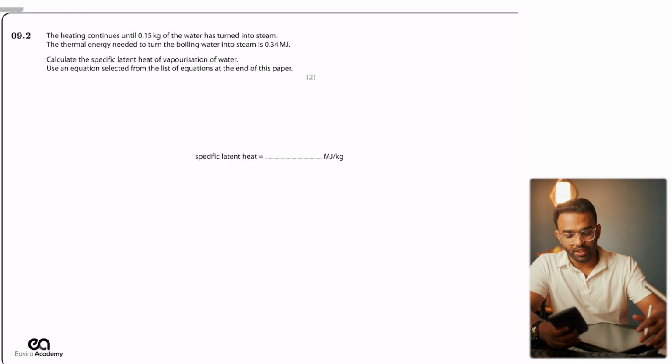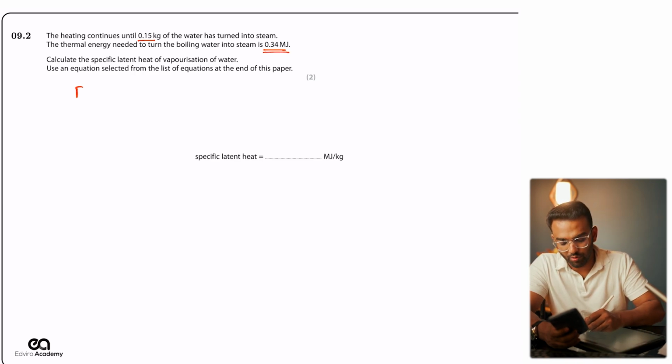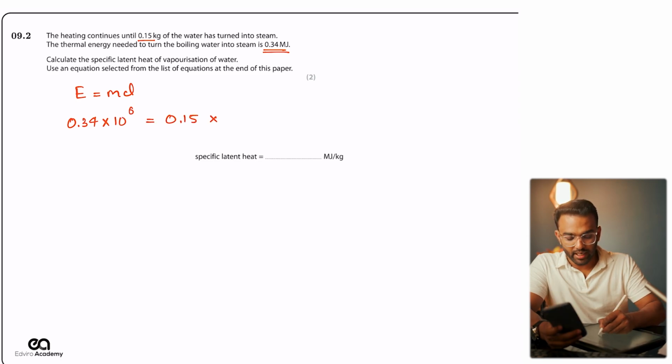The heating continues until 0.115 kilogram of water was turned into steam. The thermal energy needed to do that was that much. Calculate the specific latent heat. It's even easier, 2 marks. E equals ml. Energy is 0.34 times megajoules, meaning 10 to the power of 6, equals mass 0.15 times L, which is the latent heat.